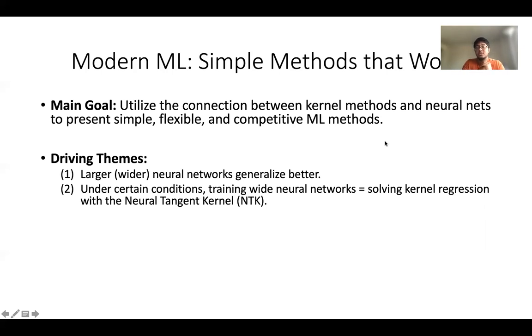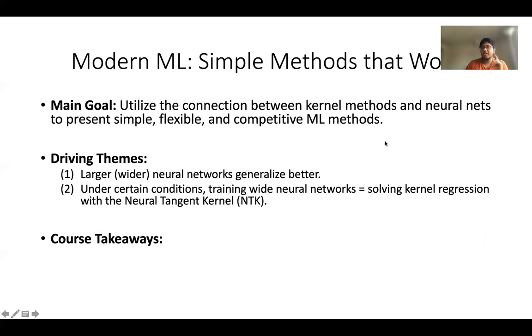And we're claiming that the two are actually equivalent in some cases. So with these two findings, if you're able to solve kernel regression instead of training a wide neural network, and we know that wide neural networks are supposed to do better, this is like the dream. We'll be able to produce a lot of models that work well in practice.